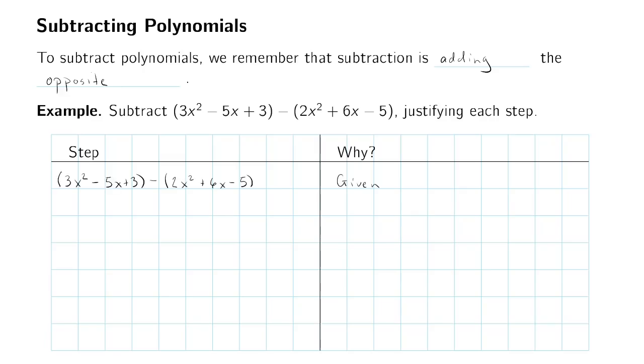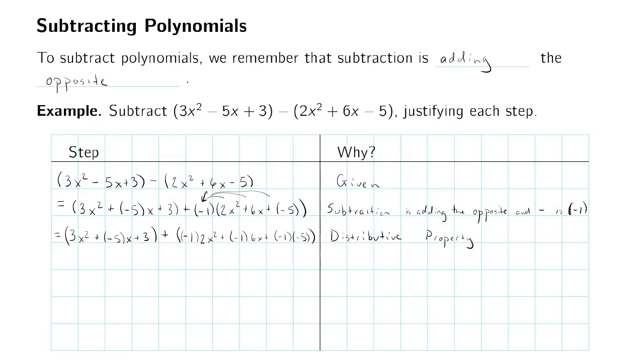So after copying the given polynomial, I'm going to rewrite all of the subtraction as adding the opposite. And also note that the negative sign outside these parentheses represents a multiplication by -1. And so seeing that multiplication by -1 makes it clear that before we can get rid of the parentheses, we need to distribute.